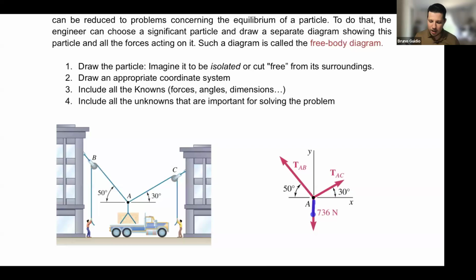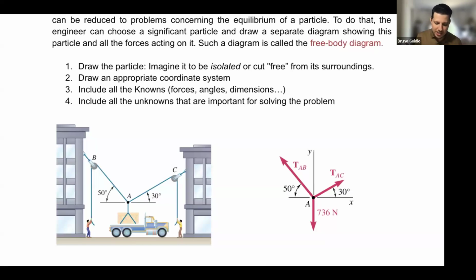I know that the weight of the box is pulling the box down. I have tensions on those ropes, those cables. One I'm calling tension AC, the other tension AB, and actually this is step 4. We are including the unknowns. I don't know TAC, I don't know TAB, but I do know this is 30 degrees, this is 50 degrees.